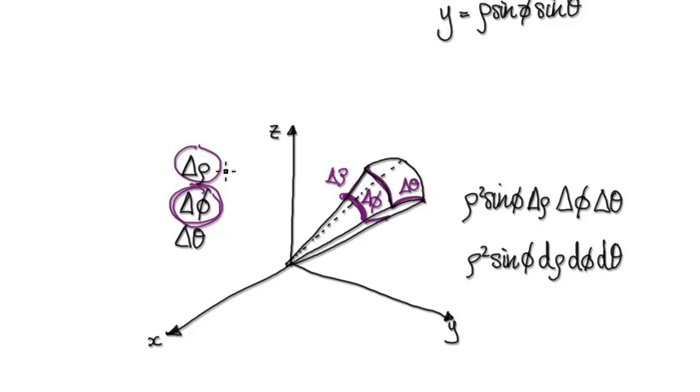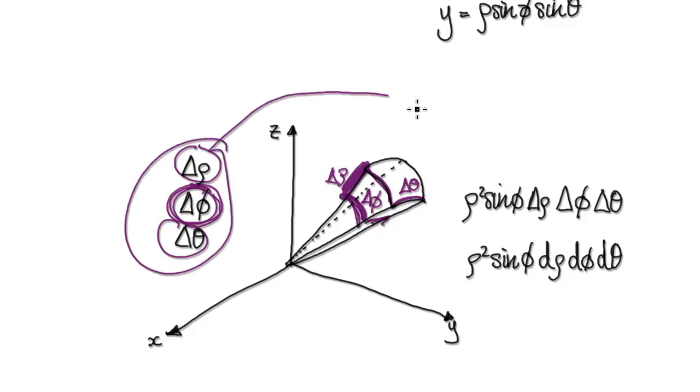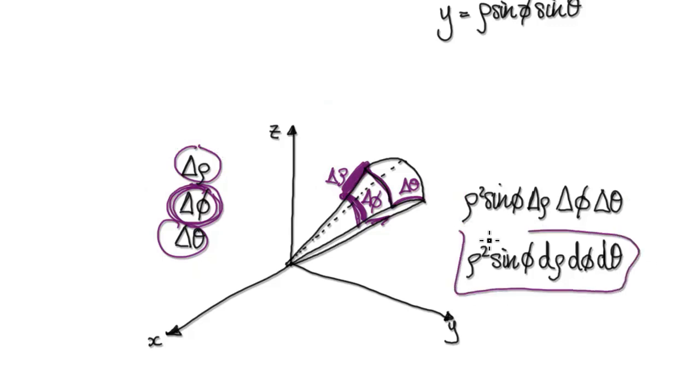Well, a small change in the radius and a small change in this angle here and a small change in this angle here has this kind of a relationship. So this is your dV. At the moment you don't know why this is the case.